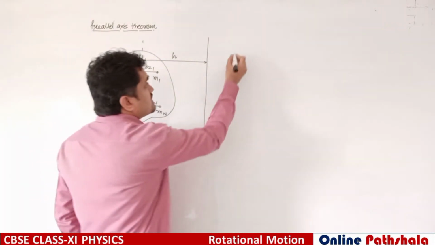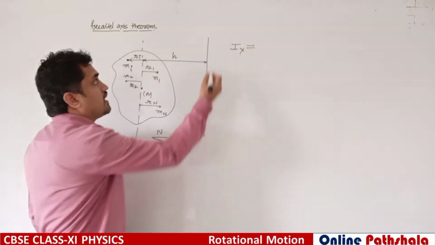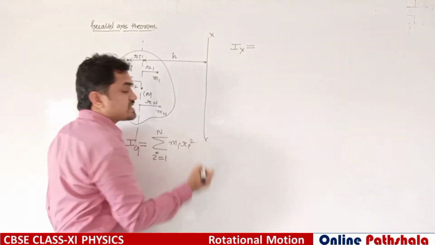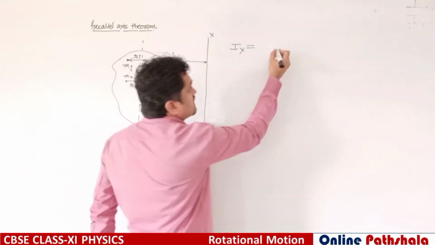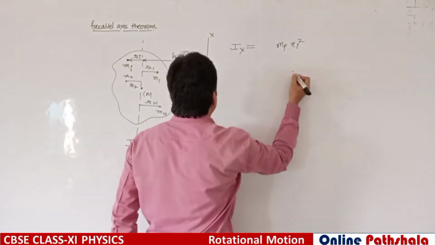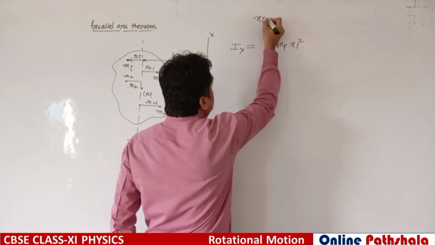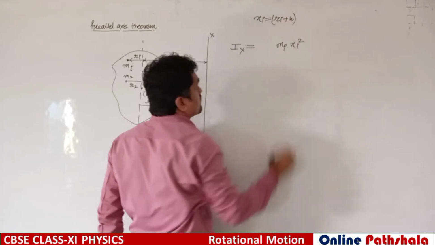So what is the moment of inertia Ix about this x axis of this mi? It is mi xi square, and what is xi here? It is ri plus h.